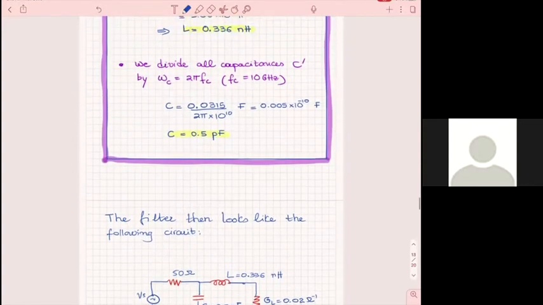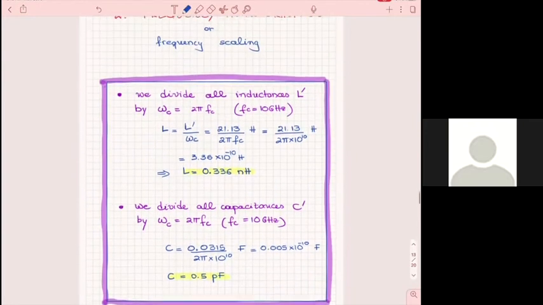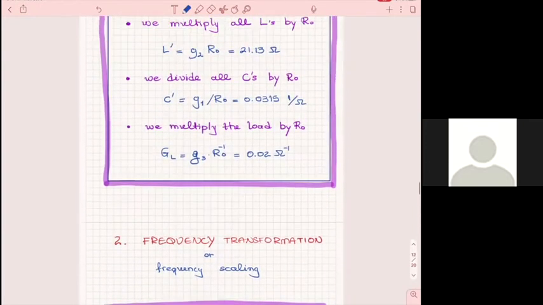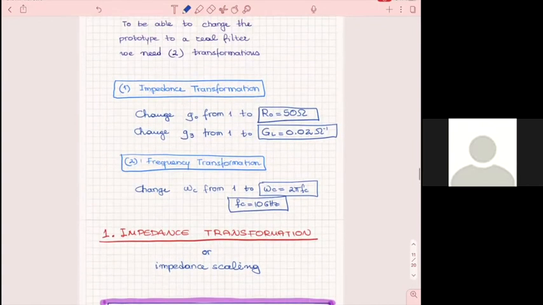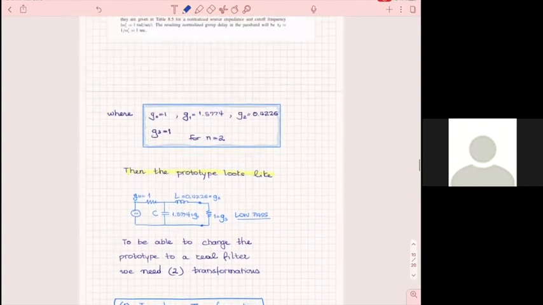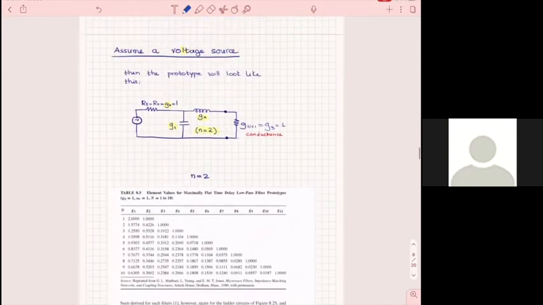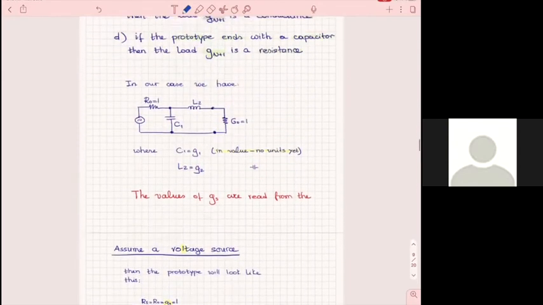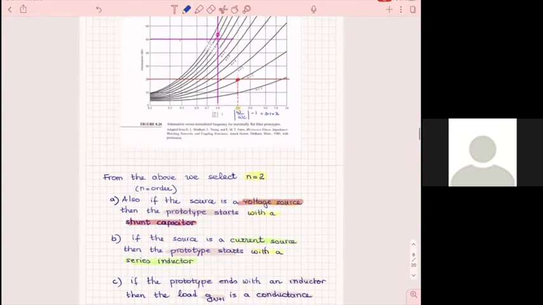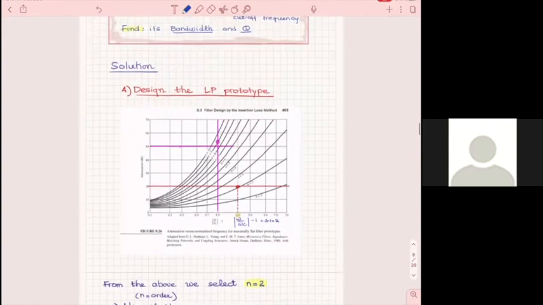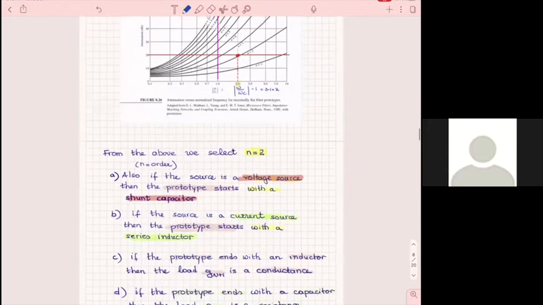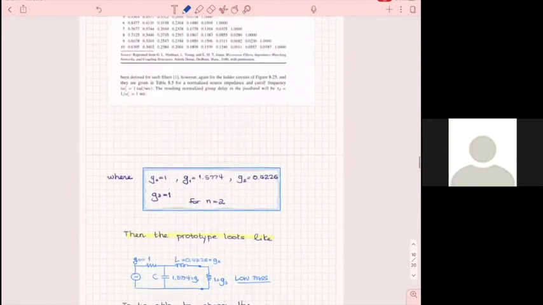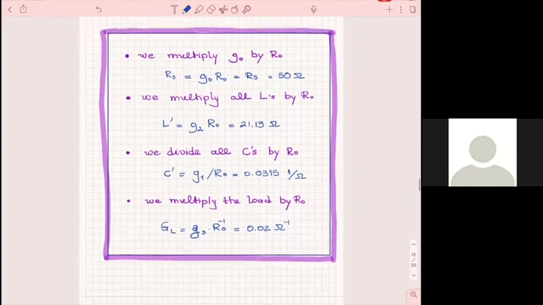How much rejection did I say? Let me see. I don't remember the rejection. It was 20 dB at 3 times the cutoff. So the rejection was low, and that's why you have so few sections.